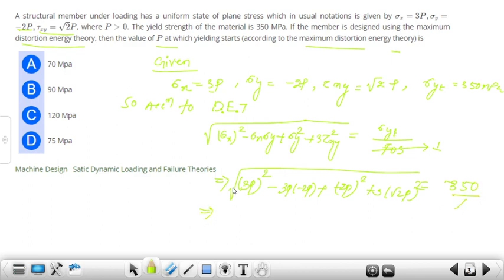So let us take p common. Root over of p square is p, and root over of 3 square minus 3 into minus 2 plus minus 2 square plus 3 into root 2 square, which is equal to 350.